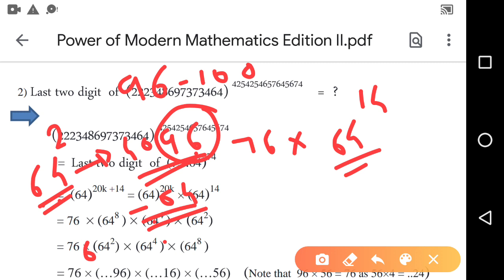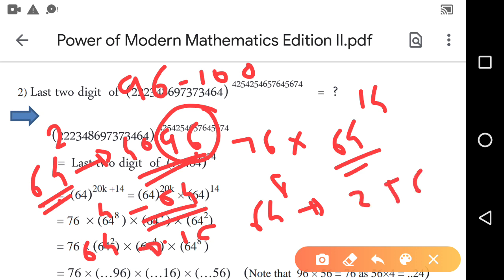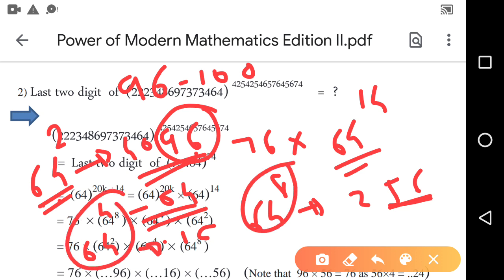So 64 raised to the fourth power ends with 16, and 64 raised to the 8th power, friends, ends with 256, means 56. Now 64 raised to the 8th power into 64 raised to the fourth power becomes 64 raised to the 12th power.